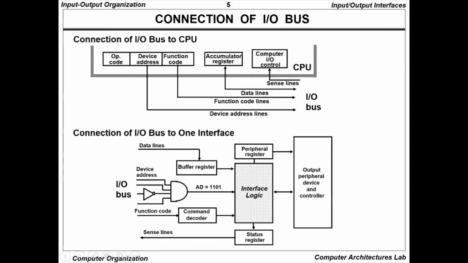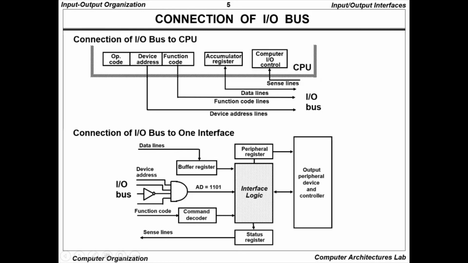For the connection of the input output bus, the major concept is three different lines. Basically, we have one more line, sense lines. What is a sense line? And data lines, function code lines, device address lines. That is how we are going to connect different types of CPU input output bus, which will have different lines.